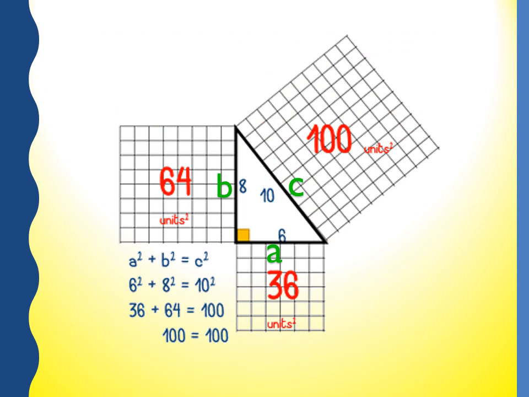Here, if A and B are the sides of the right angle and C is the hypotenuse, then A square plus B square equals C square. 6 square plus 8 square equals 10 square. 36 units plus 64 units equals 100 units, which is the square drawn on the hypotenuse. Then Pythagoras theorem states that the squares of the sides of the right angle equals the square of the hypotenuse.